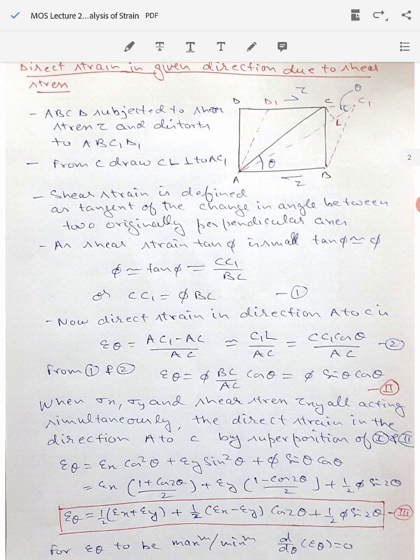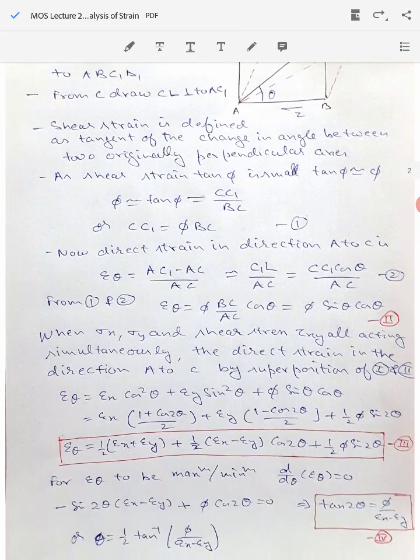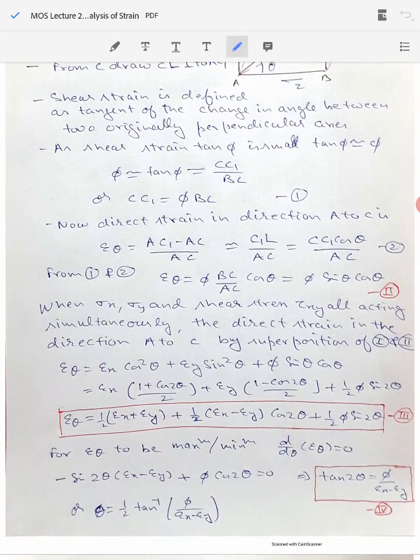Now imagine a case in which we have all three together: sigma x, sigma y and tau xy, all acting together. Then we simply have to superimpose equation 1, which we determined for only sigma x and sigma y, and equation 2, which we obtained only for tau, and add them together, so that we can obtain the equation for the case when both shear strain and normal strains are acting.